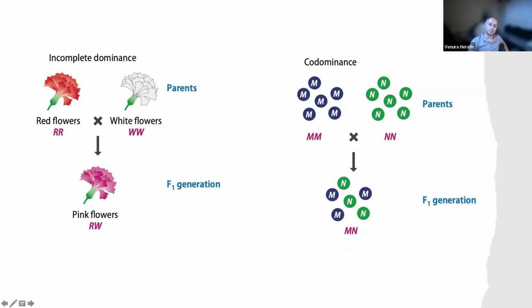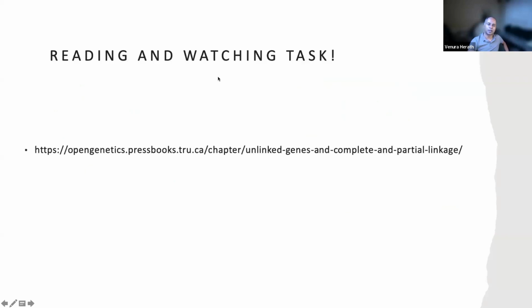So you have to think about all these different possibilities. I want you to read, and there's a small video associated with this link. So go ahead and read this, and then watch the video. This should give you a very brief overview about genetic mapping and how it is done.